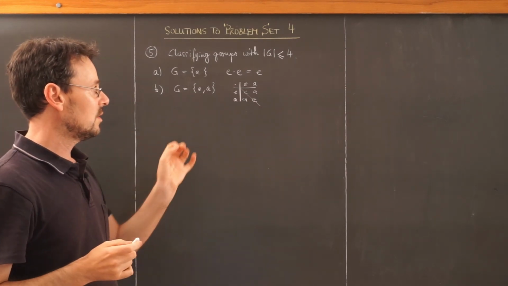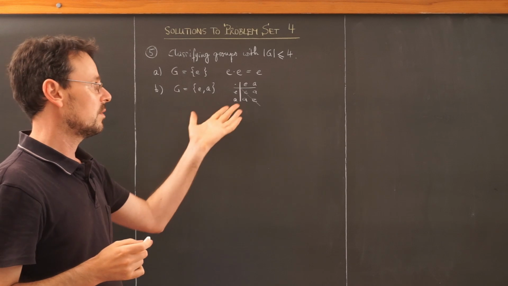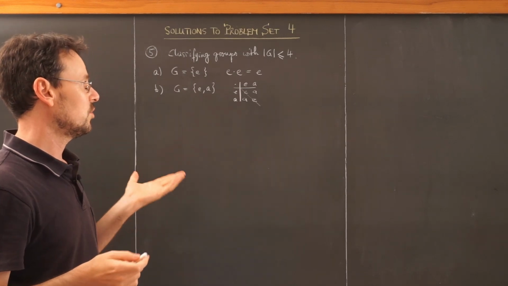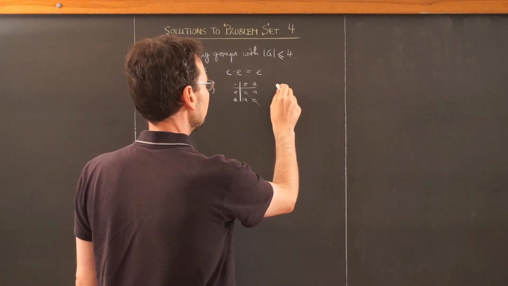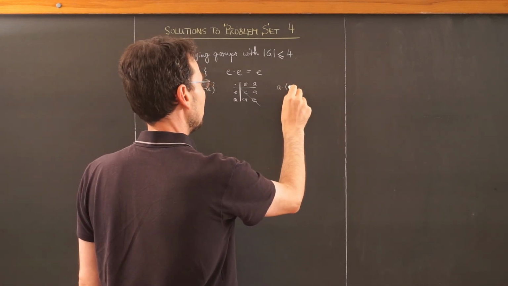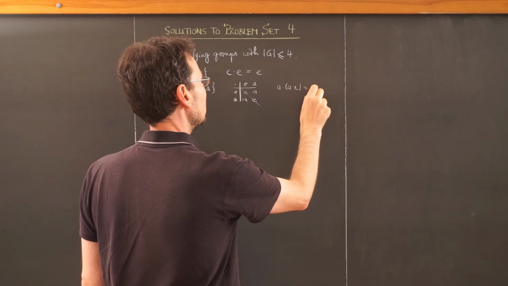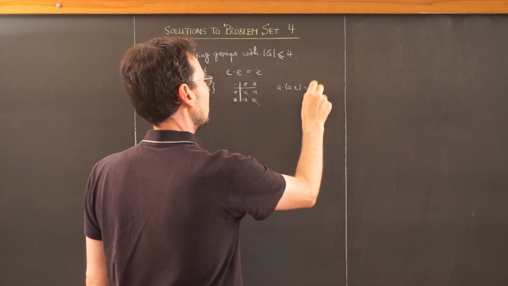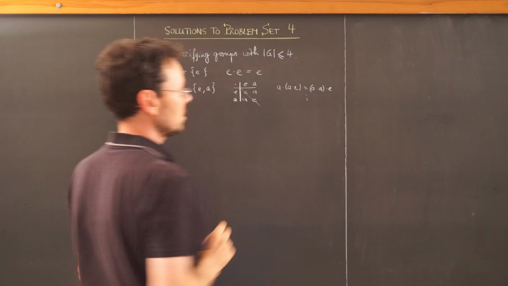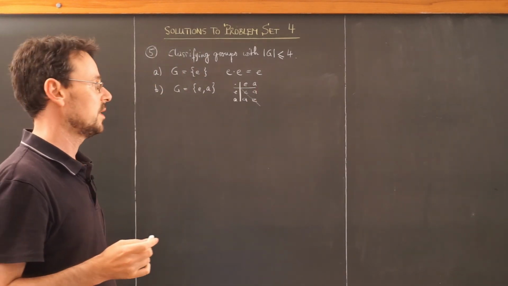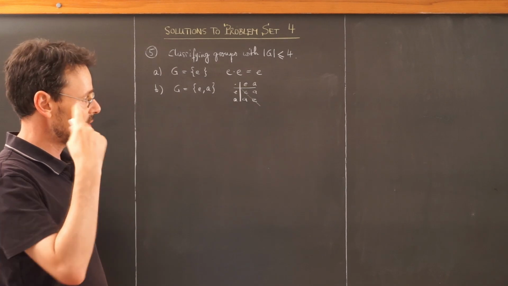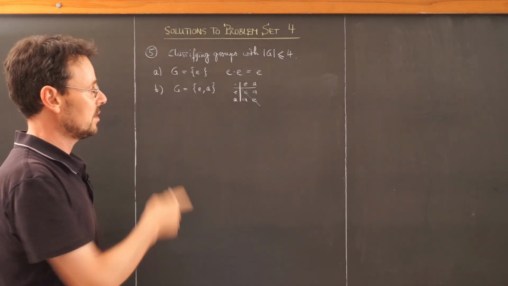And associativity is not evident from the group table, so we would have to check it, which of course we don't. But we would have to check, for example, that A dot E is the same as A dot E, and so on. But of course, this is just a big nuisance to write down. But it's important to realize that this is not clear.